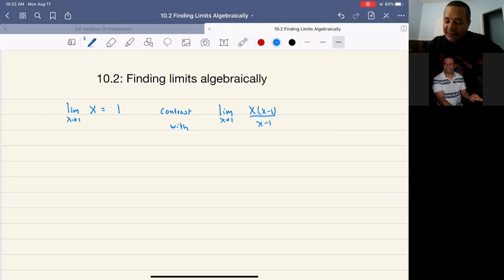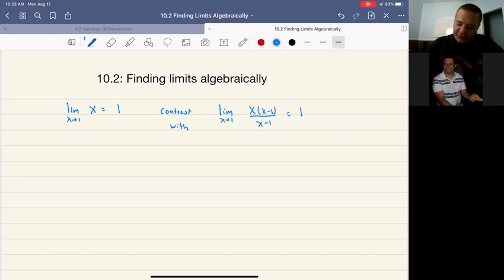What happens in this second case? Well, we can actually divide out the x minus 1, and we still get 1. But these are two fundamentally different things.